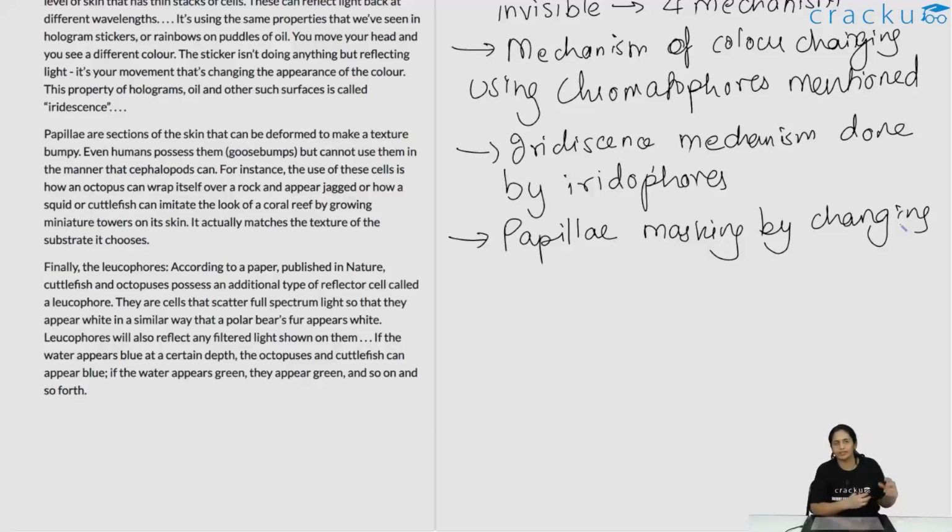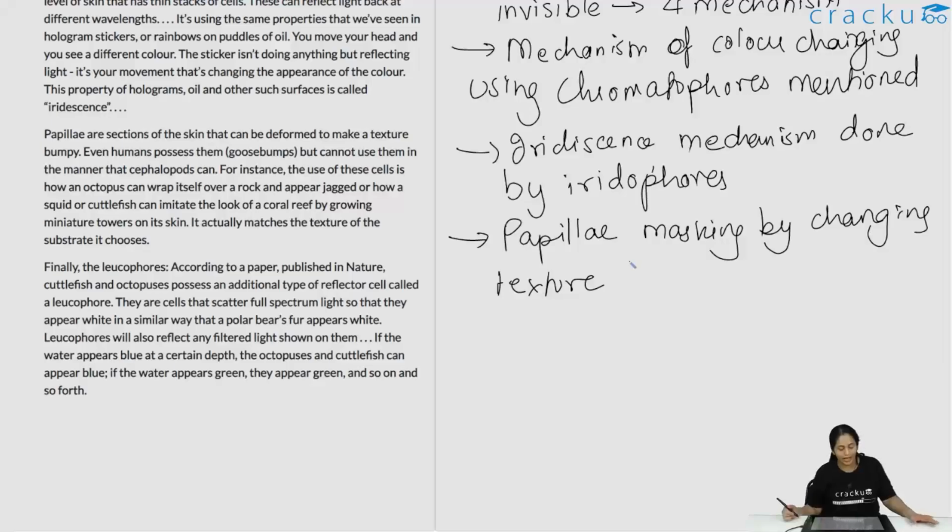Goosebumps happen involuntarily, but in the case of octopuses, they can voluntarily change the texture of the skin to essentially provide a cover or essentially provide a defense mechanism as such. So papillae work by changing the texture, and that is like the third way in which an octopus can disguise itself. This kind of texture changing property is also seen in squid and cuttlefish, but this is a third level of masking that is provided to octopuses so that they can protect themselves.